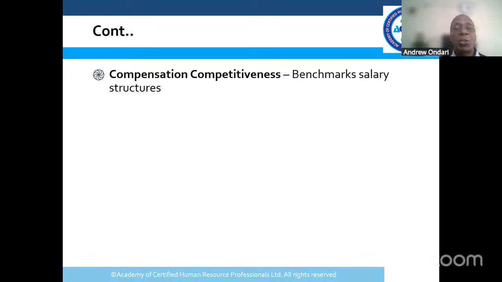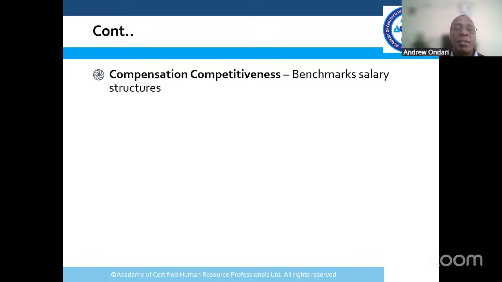Allow me to mention probably three areas in which we can measure compensation. Number one is equity.